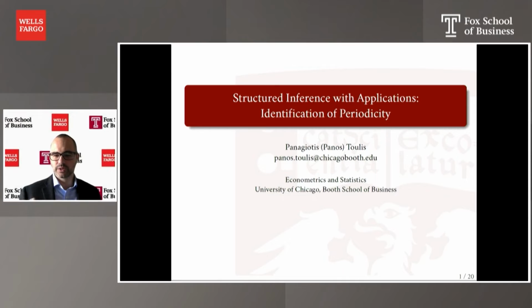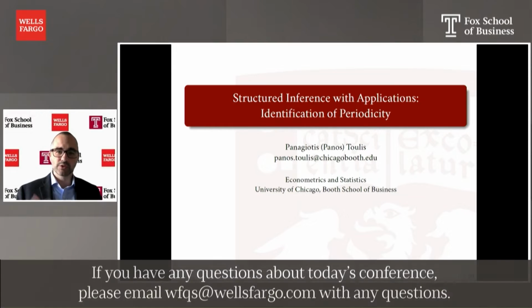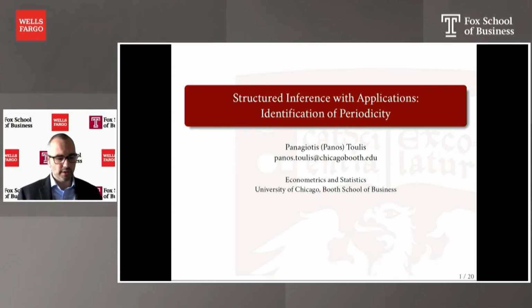I'll talk about identification of periodicity in astronomy specifically, in the context of exoplanet detection, which is a very recent, very exciting area in astronomy. But the underlying problem is a statistical one, the identification of periodicity, and it has obvious applications in finance as well.